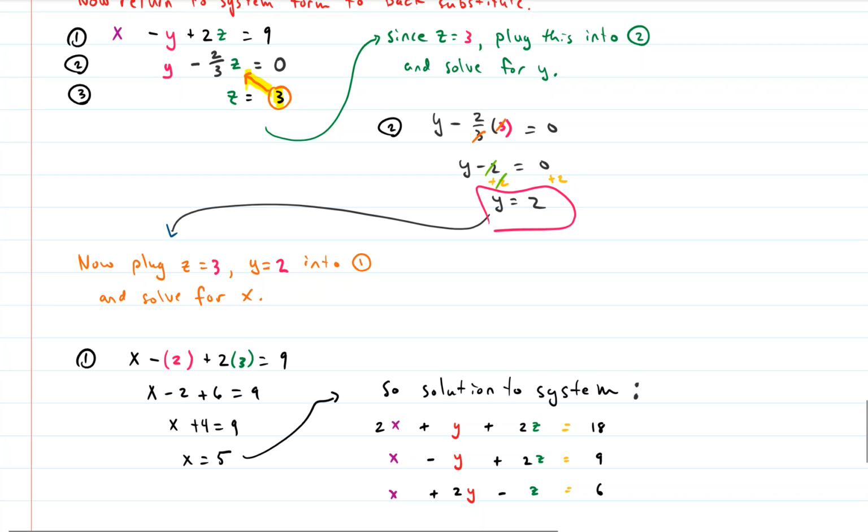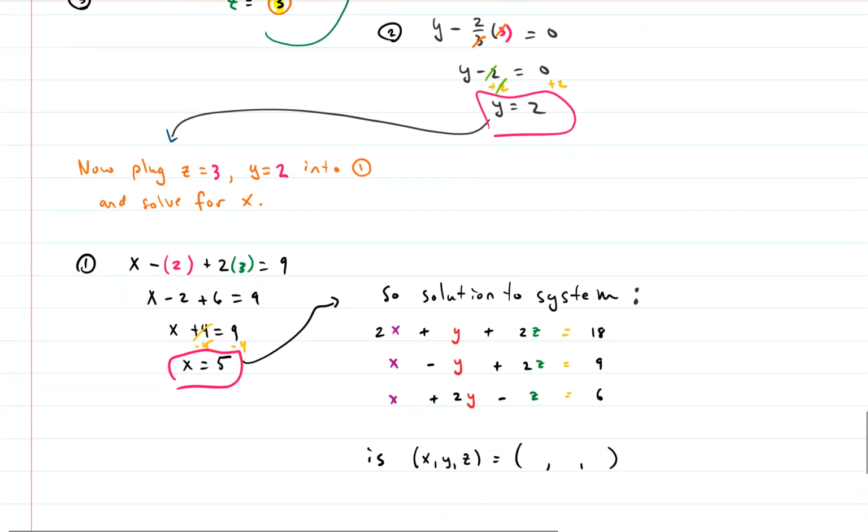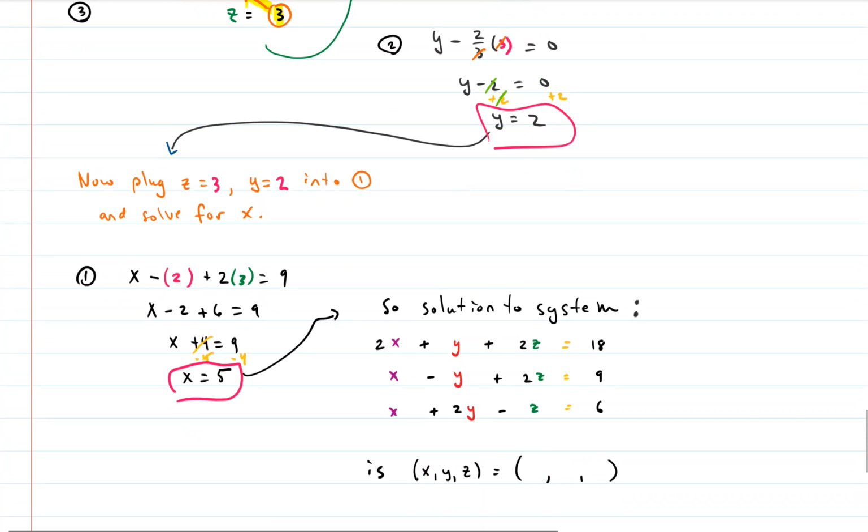So 2 times 3 gives us 6, and then we have a negative 2. That gives us 4, and we can subtract 4 from both sides, and we get x equals 5. So our solution to our system is x equals 5, y equals 2, and z equals 3.